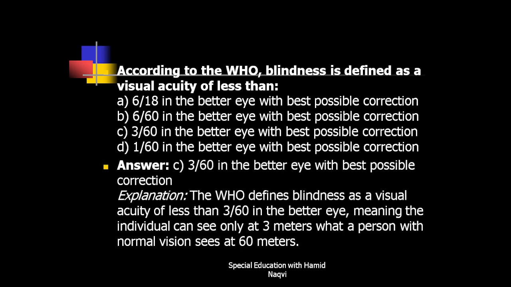Answer is 3 by 60 in better eye with best possible correction. The WHO defines blindness as a visual acuity of less than 3 by 60 in a better eye, meaning the individual can see only 3 meters what a person with normal vision sees at 60 meters.